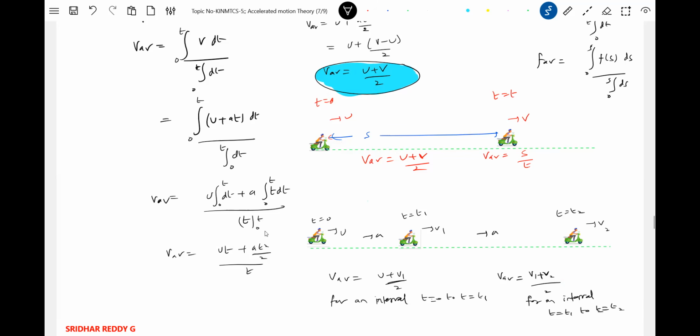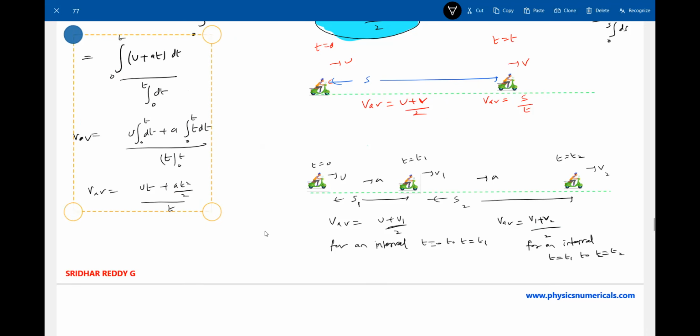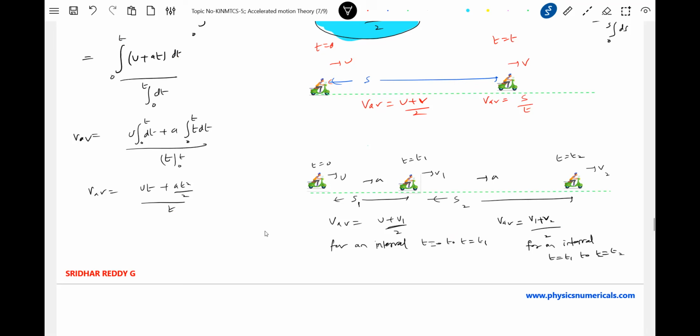That's all. Or else, what is another method you can apply here? V average is, another formula, S1 by T1.